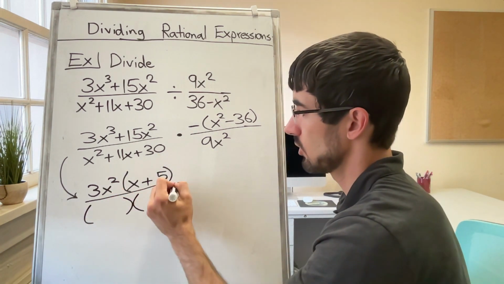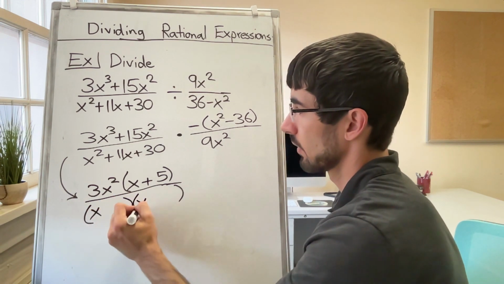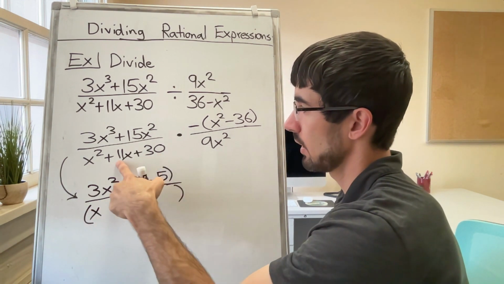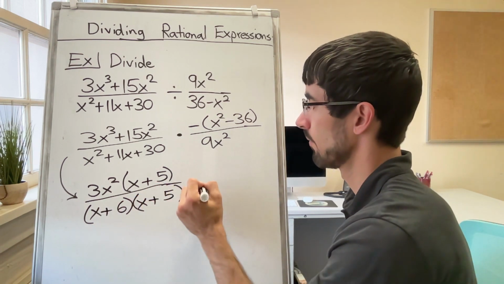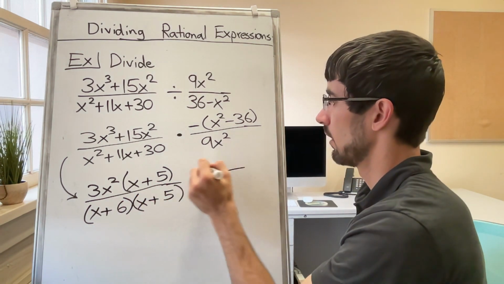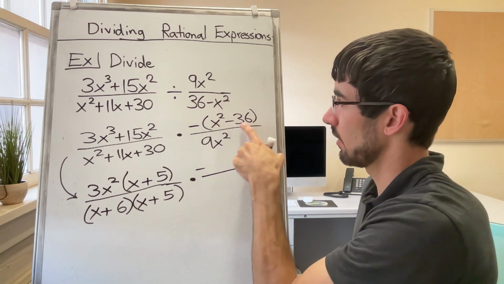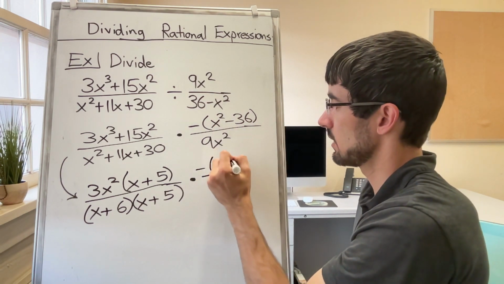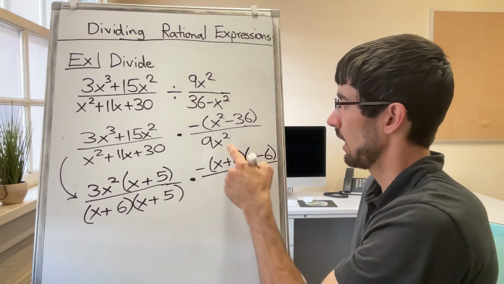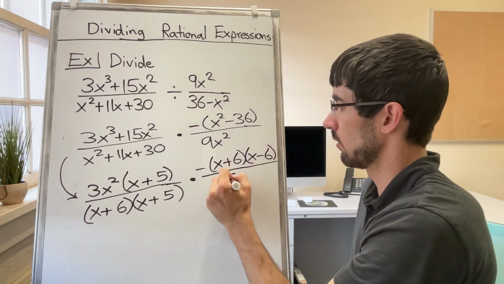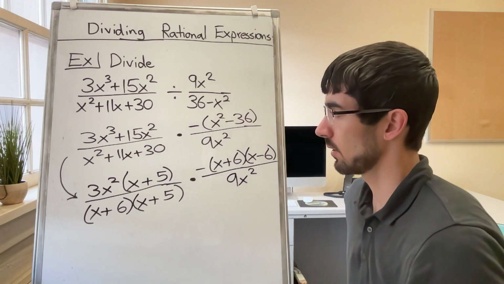It factors into two binomials. And the numbers here multiply to 30 and add to 11, so that's x plus 6, x plus 5. This numerator is the difference of perfect squares, so this factors into x plus 6, x minus 6. And this is already a monomial factor, so 9x squared.